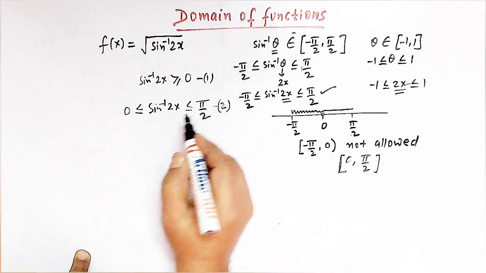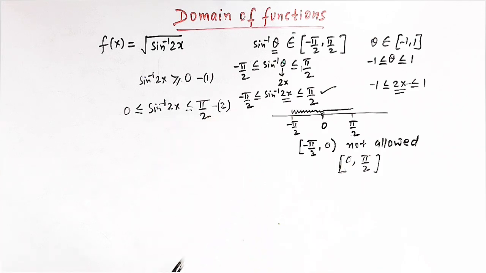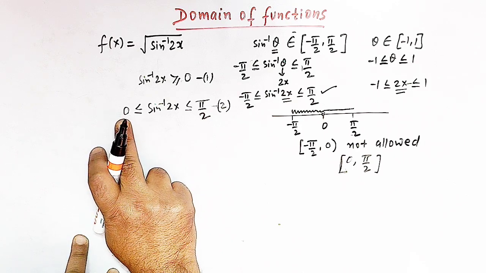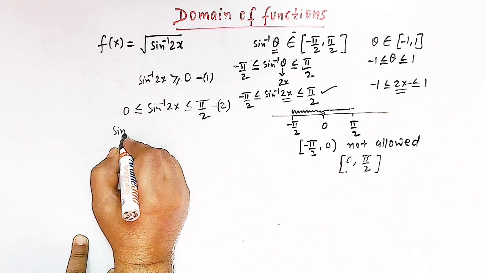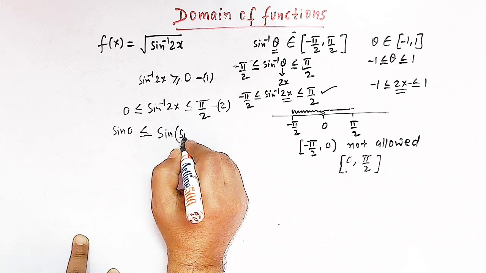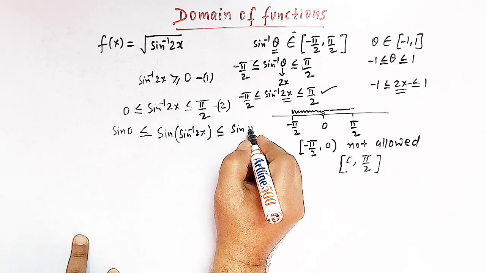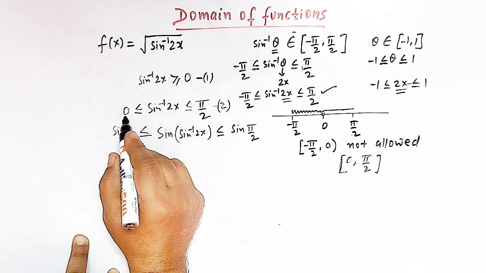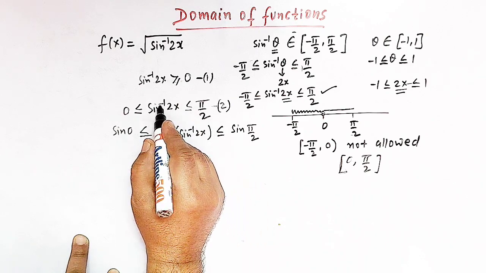So now we have to get the values of x from this inequality. So now taking the sine of all these three quantities, we have sine 0, then sine of sine inverse 2x, and sine pi by 2, in order to get rid of this sine inverse function.